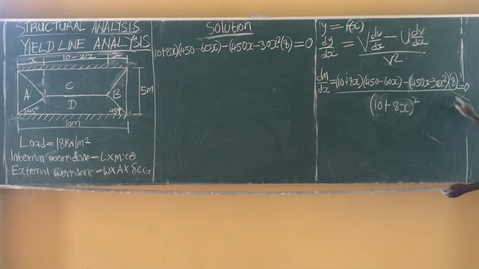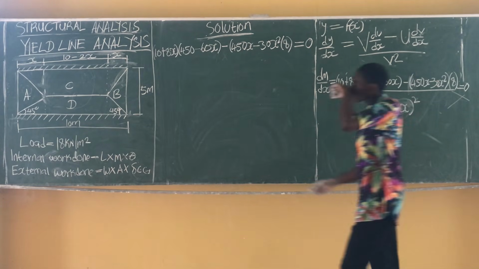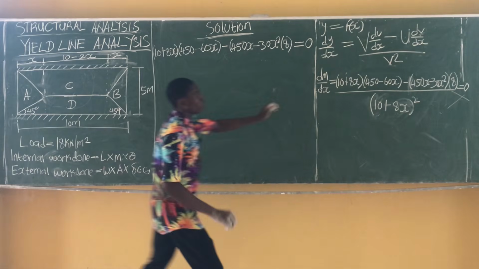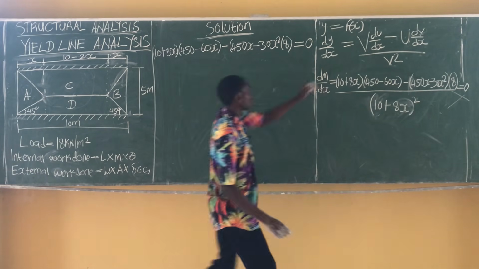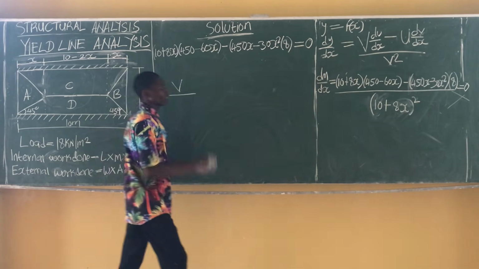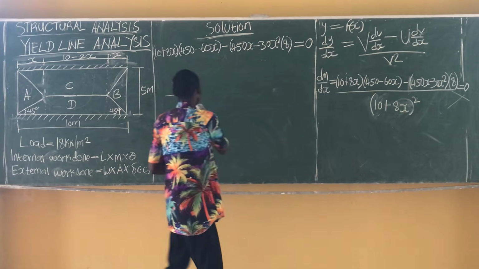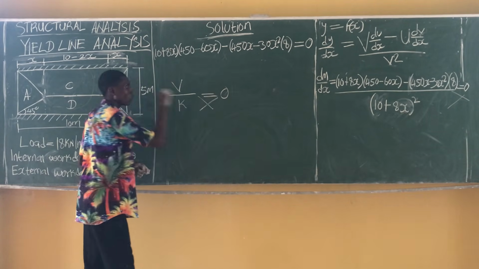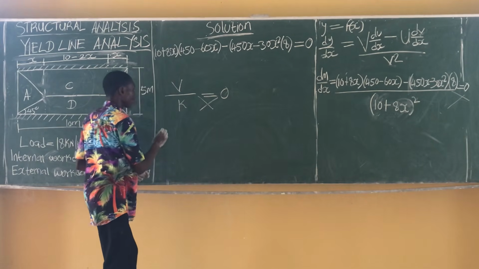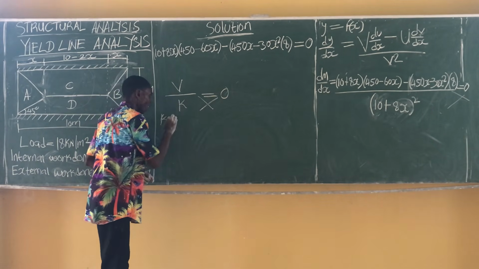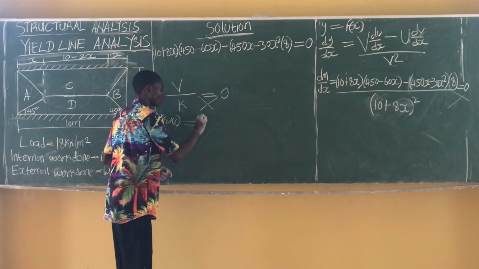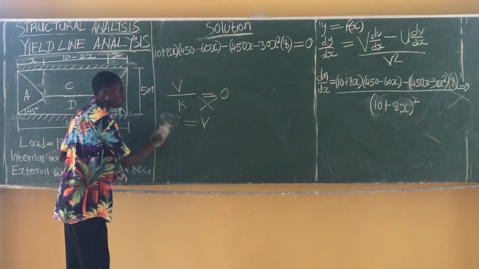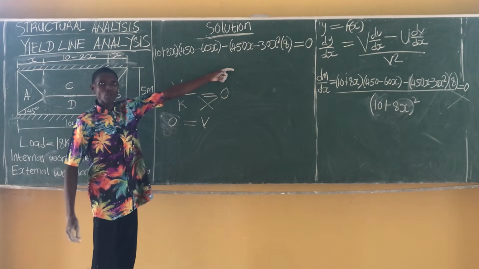Remember, we cross multiplied, so this multiplying 0 is equal to 0. It's just like we have, let me call the numerator v and the denominator k: v over k is equal to 0. If we cross multiply, we have k times 0, which is equal to v. Hence, this side becomes 0. That's just what happened there.